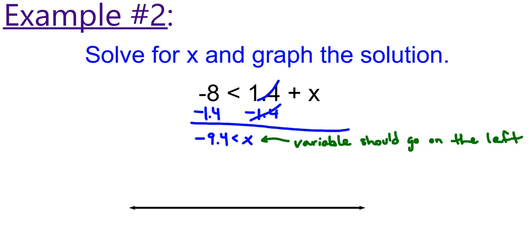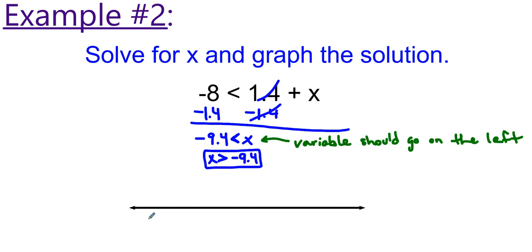All right, so if we're going to put x on the left-hand side, you still have to have the inequality mean the same thing. So just look at your inequality symbol here. It's opening towards the x. It's saying that the x is the bigger value. So down here, I'm going to flip everything around. The inequality should still open towards the x. And then I'd write my negative 9.4. So that's how I should be writing my answer, with the variable on the left-hand side.